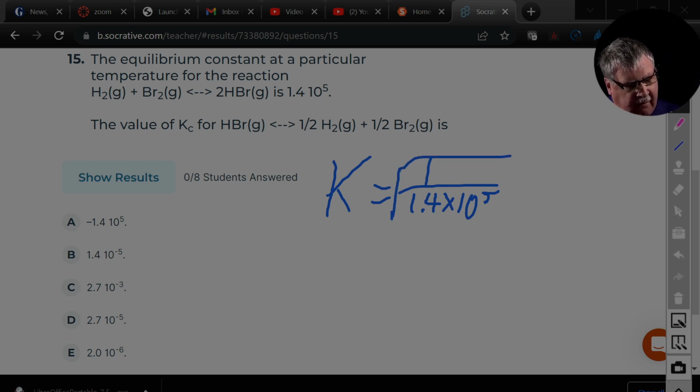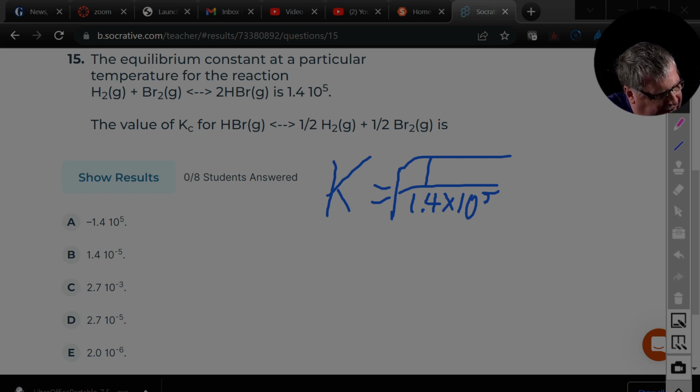We take the square root. Okay, so we're going to take the square root of 1 over 1.4 times 10 to the 5th, or another way of writing it is 1 over the square root of 1.4 times 10 to the 5th. Either way, you're going to get the same thing. It has to be fairly small.